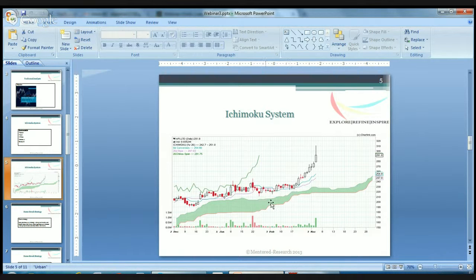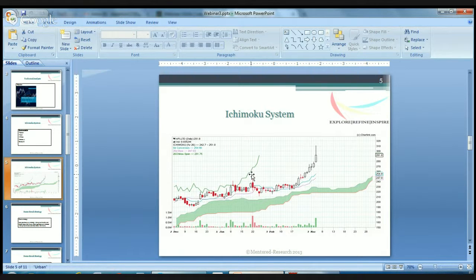So how is Senekau A calculated? It is the average of the Tenkan and the Kijun. Okay. So for plotting today's point, you take the Tenkan, you take the Kijun, you divide that by 2. As simple as that. Okay. And the only thing is, instead of plotting it on today's date, you plot it 26 days in the future. Simple.